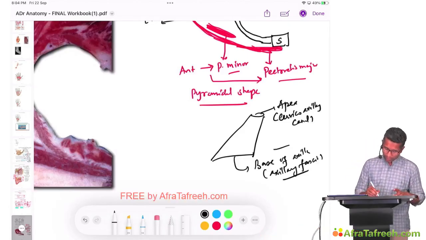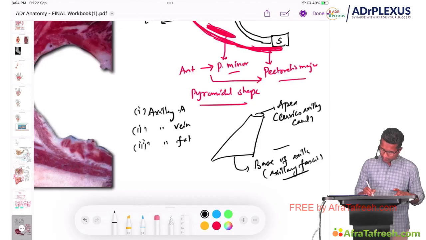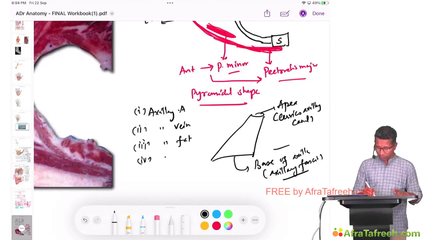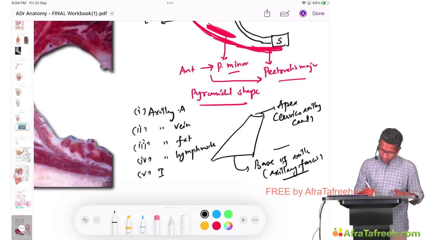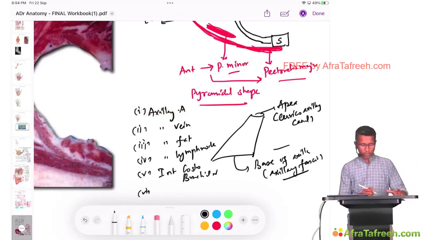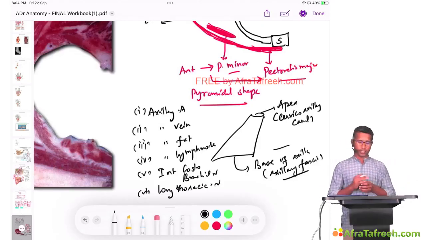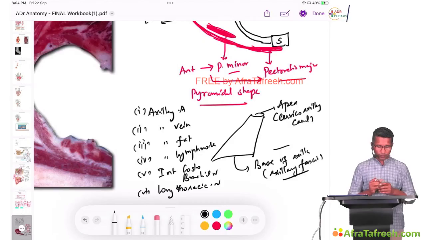The contents of the axilla are: one, the axillary artery and its branches; the axillary vein and its tributaries; the axillary pad of fat; the axillary group of lymph nodes; and you also have the intercosto-brachial nerve and the long thoracic nerve. All these are contents of the axilla.